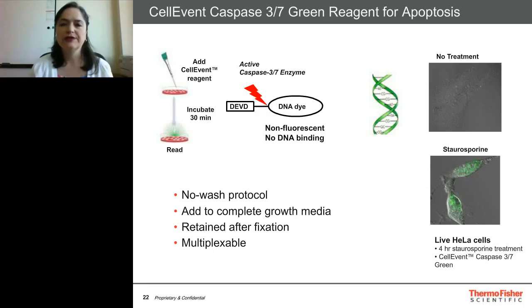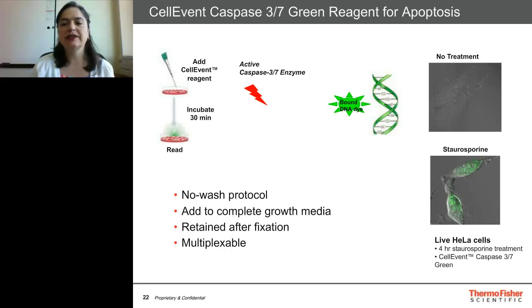In no treatment, you see dark, but when the cells have been induced to become apoptotic with staurosporine, you get that green indicator that tells you those cells are undergoing apoptosis, and it's a readout in particular of the Caspase 3/7 pathway.